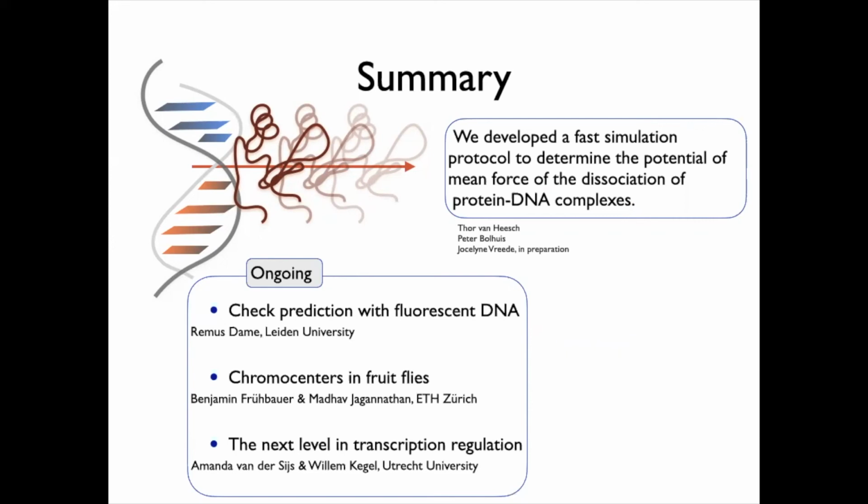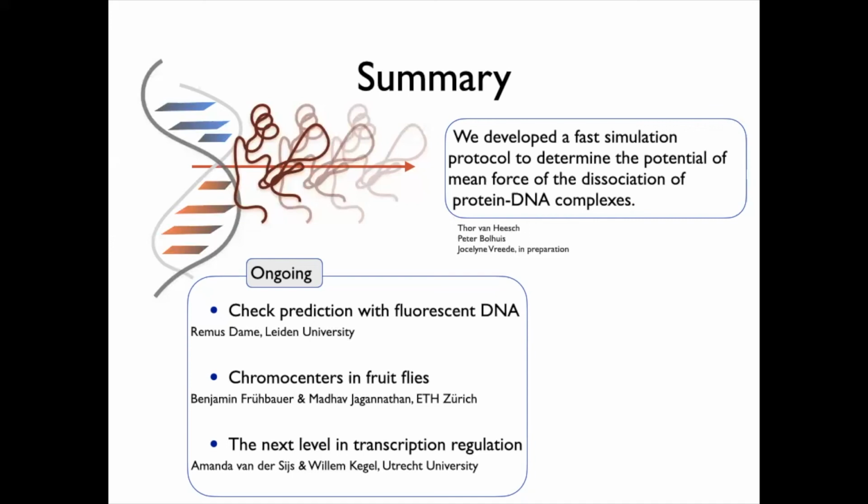Another is a collaboration I have with people in Zurich who look at chromocenters in fruit flies, and these chromocenters are formed by a particular protein that has 11 binding sites. They truncated the protein to take out more and more of these binding sites, and then could see how effectively these chromocenters were formed.